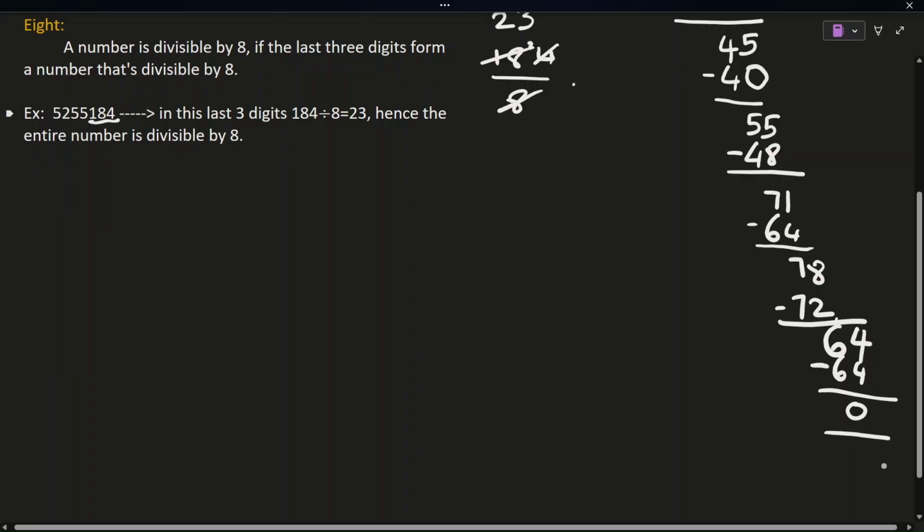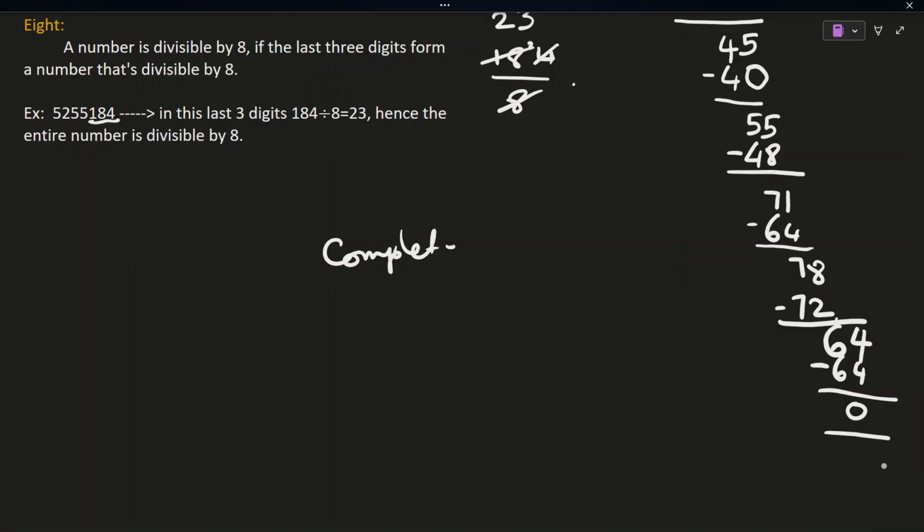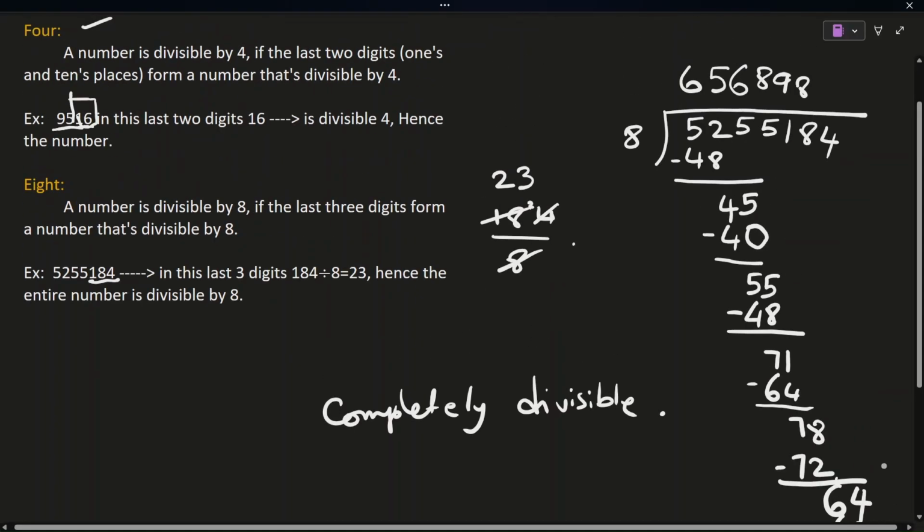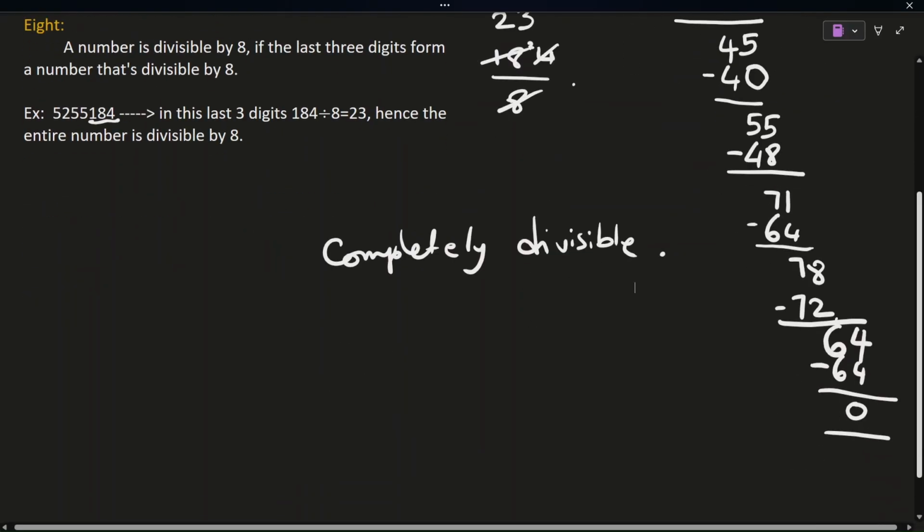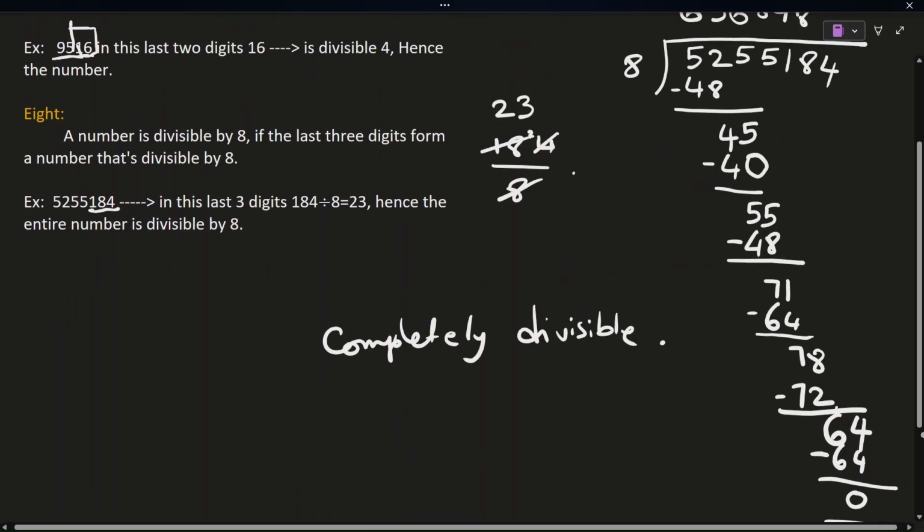That means it is completely divisible. So, without any mistake, if you do it, we will get the correct answer. When we are doing such a long division, if we make any mistake in between, the full sum will be wrong.